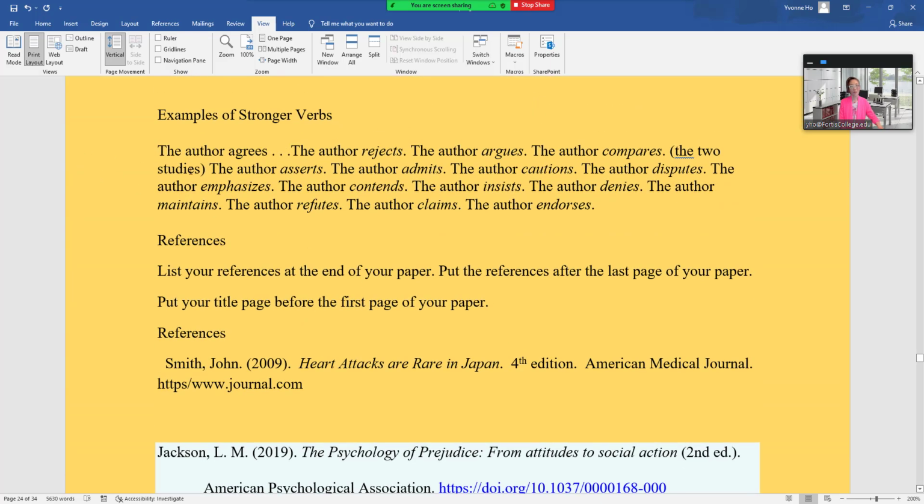Or Dr. Smith agrees, rejects, argues, compares, asserts, admits, cautions, disputes, emphasizes, contends, denies, maintains, refutes, claims, endorses.